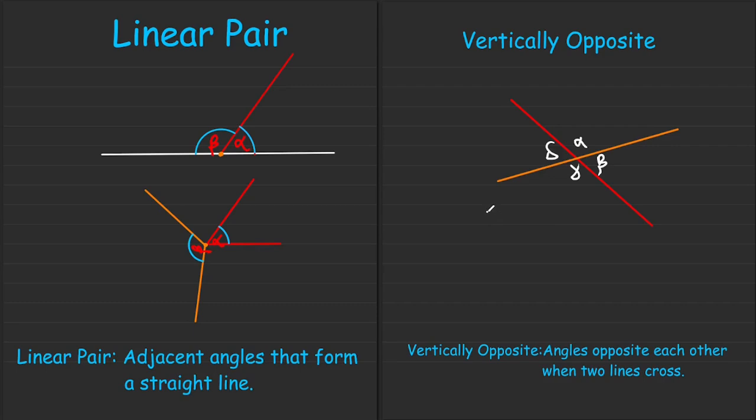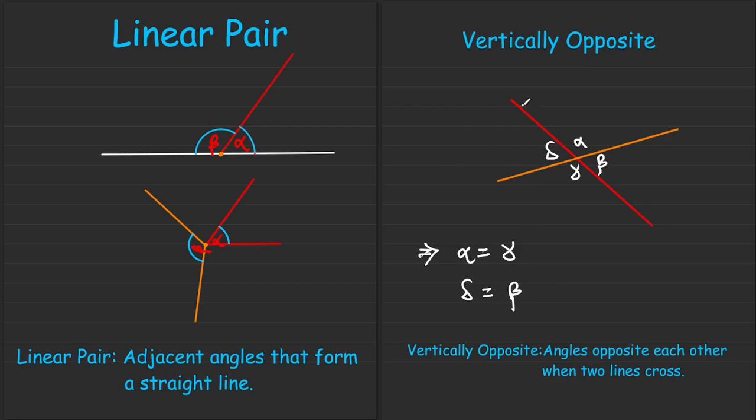Anytime you want to think of opposite angles, think of an X. If two lines form an X, the angles that are opposite each other, we call them vertically opposite angles, and they are equal. So it simply implies that the angle we have as alpha is equal to the angle we have as gamma. Then the angle we have as delta is also equal to the angle we have as beta. That is what we call vertically opposite angles.